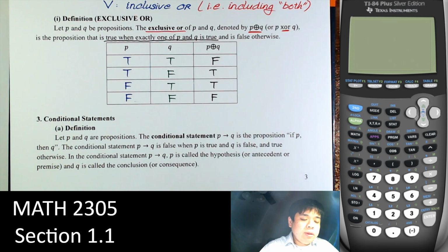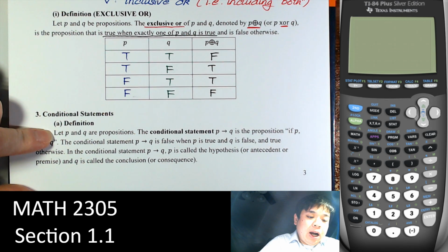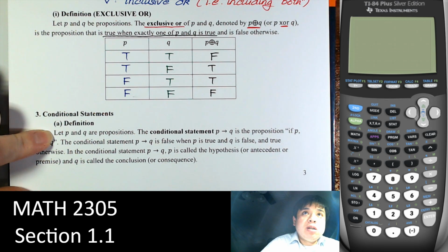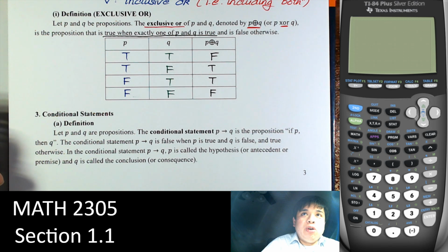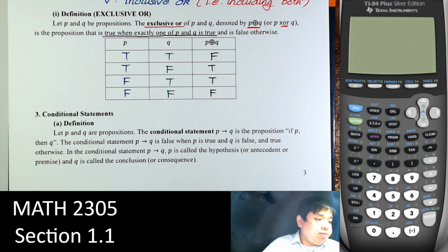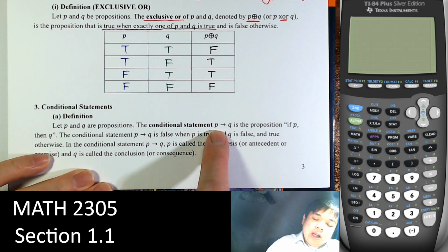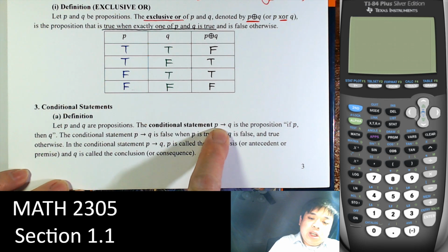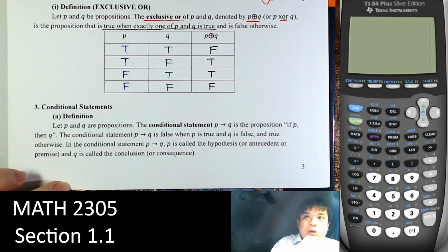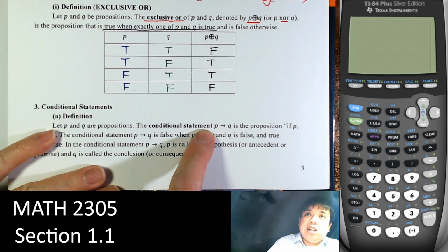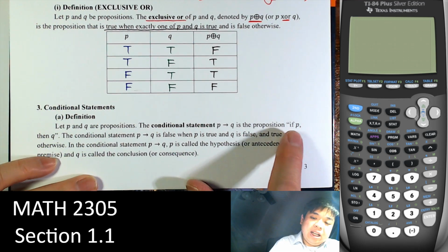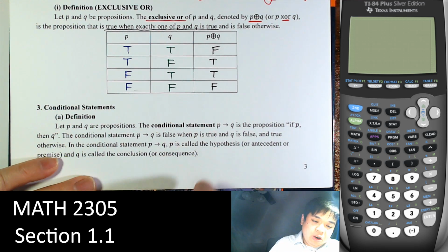Right. Next, we have conditional statements, or I should say, conditional propositions. Conditional statement P implies Q. There are a lot of ways to say that, we will on the next page, but it's denoted by an arrow. It says if P then Q, or use the right arrow to denote that.